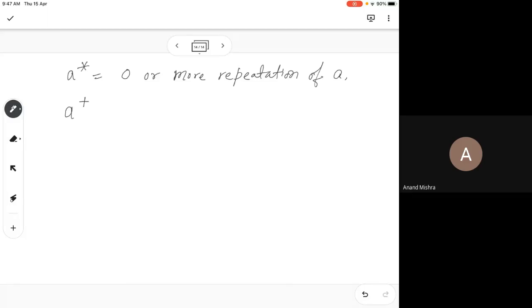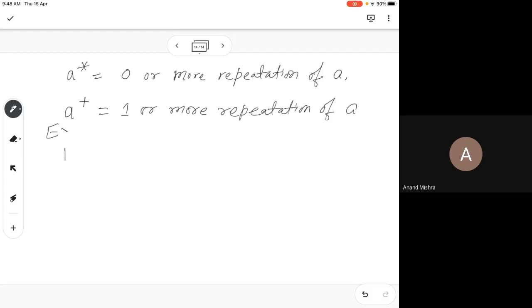A plus means one or more repetitions of A. Okay.